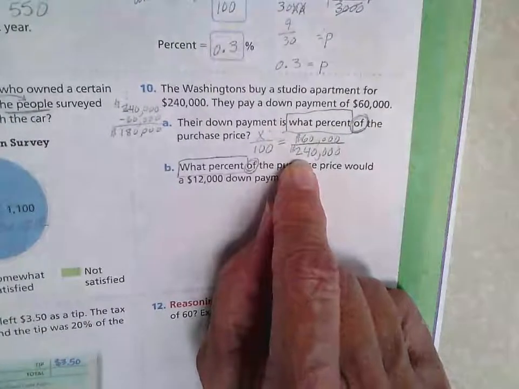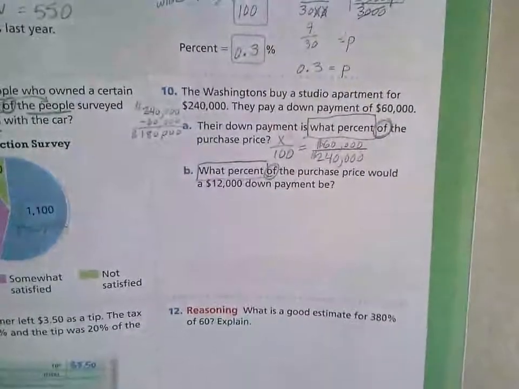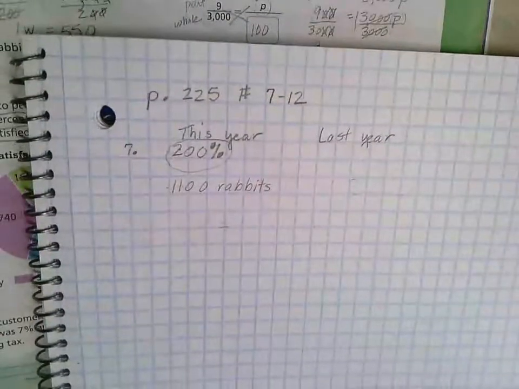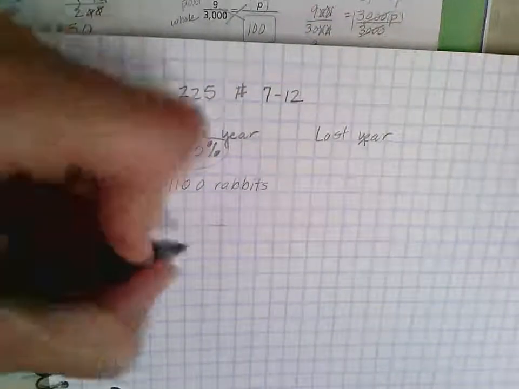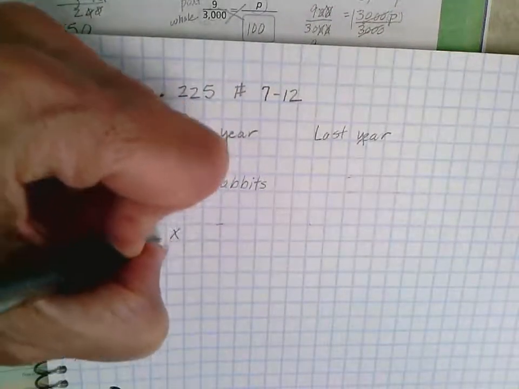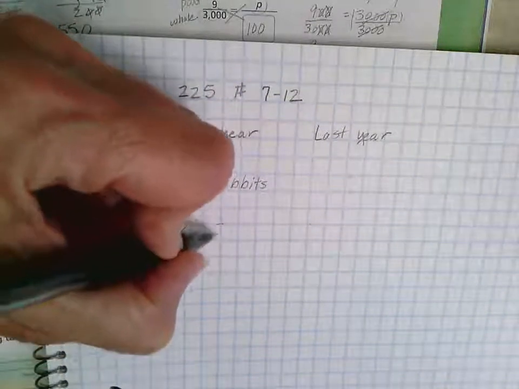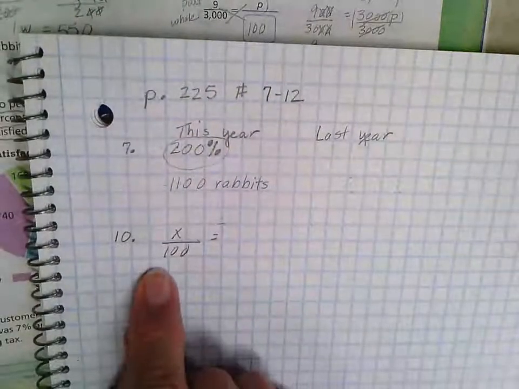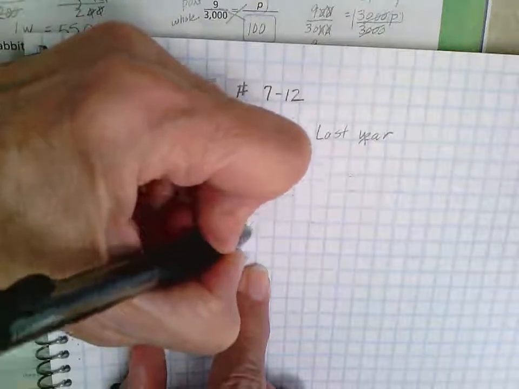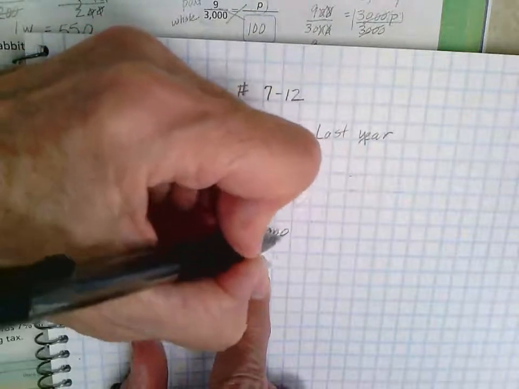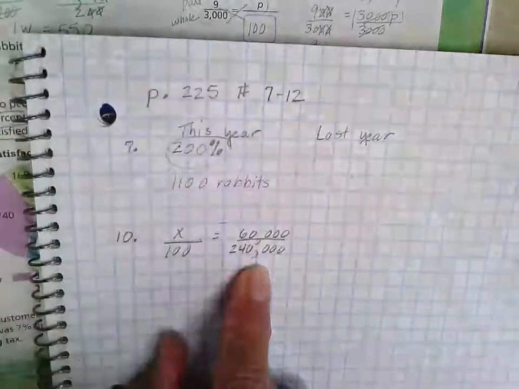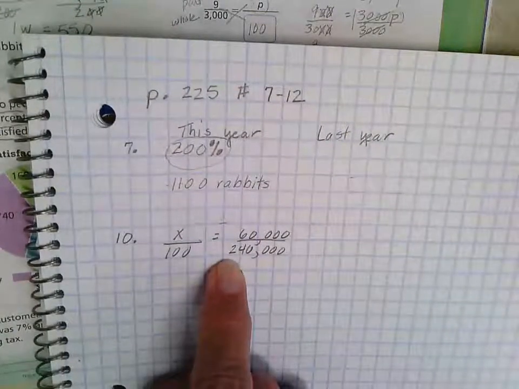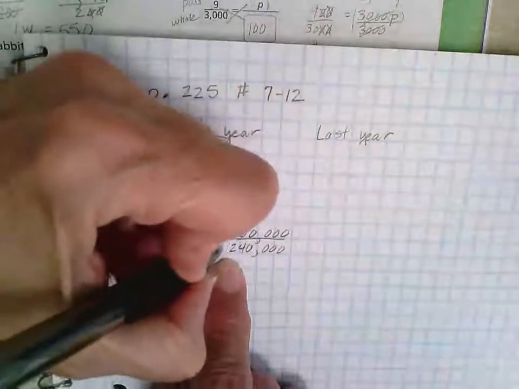And I'm going to do that in my notebook. So this is number 10. I had x over 100 because I'm looking for the percent, equals whatever my down payment is over the original cost of the house.